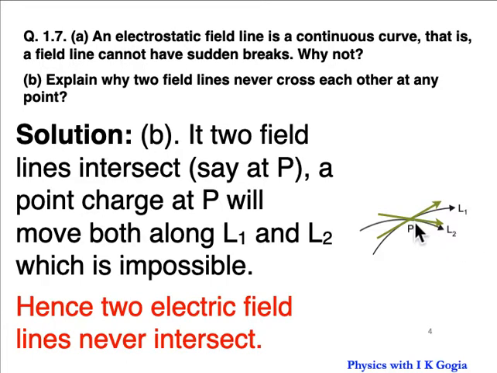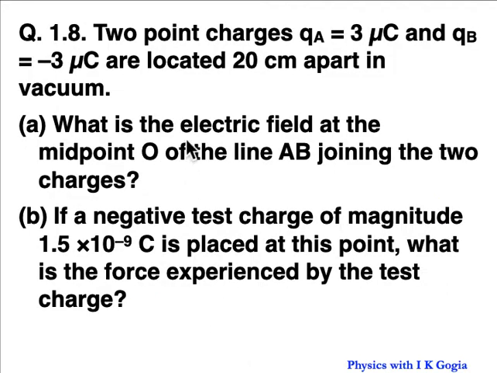So at P, the point of intersection, we will have two tangents and hence two directions of electric field, making the point charge at P move along two different directions, which is impossible. Hence, the electric field lines at a point in a field can never intersect.